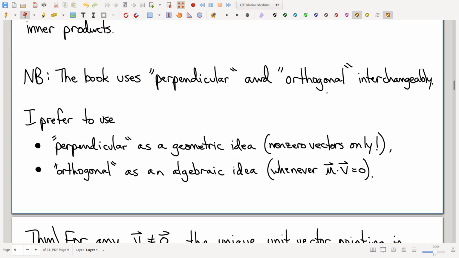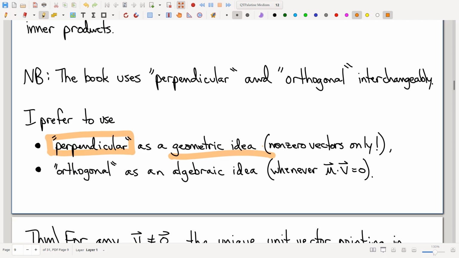Here's the distinction as I see it. The word perpendicular, to me, is a geometric idea. Perpendicular is a reference to directions and the angle between those two directions. Direction is a geometric concept. Angle is an intrinsically geometric concept.